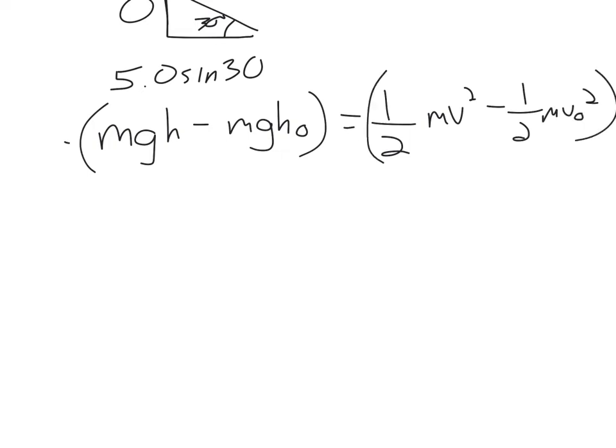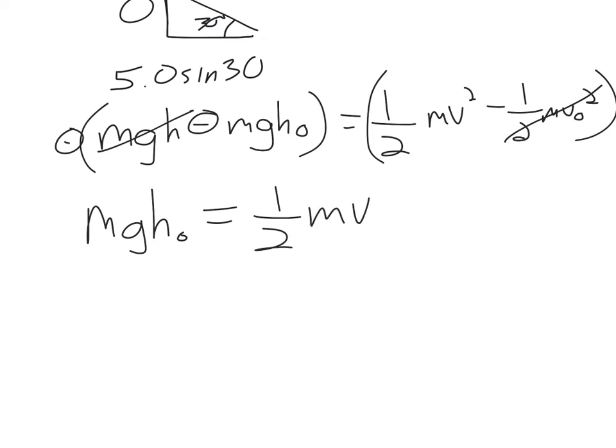And I know a couple zeros. At the top of the slide, I'm assuming he does not have any velocity, so his initial velocity should be 0. And at the bottom of the slide, he has no height, so his height final should be 0. The negative will multiply through, and I will get his MGH naught equal to half mv final squared. Again, this is without friction.